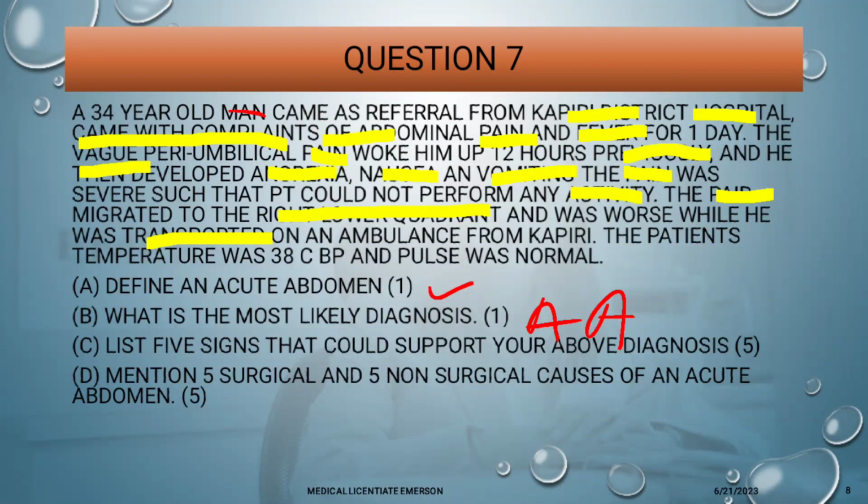Then mention 5 surgical and 5 non-surgical causes of acute abdomen. So let's start with 5 surgical. We can have acute pancreatitis. We can have perforation of an ulcer.